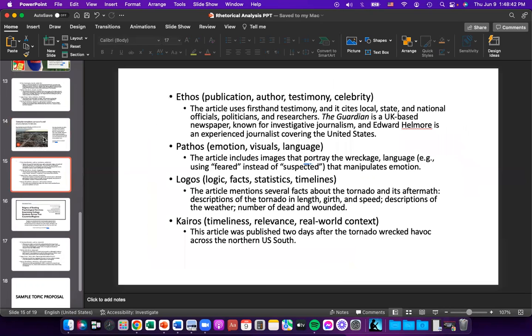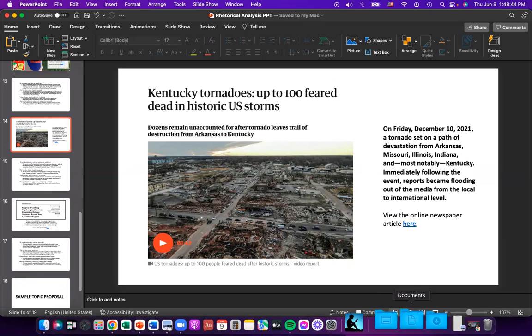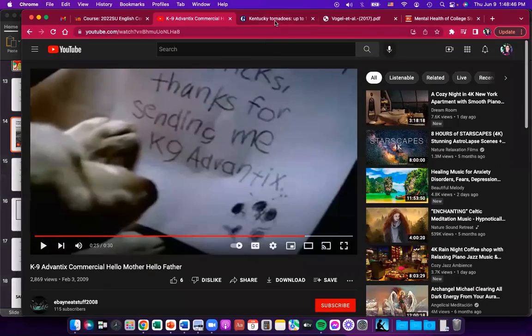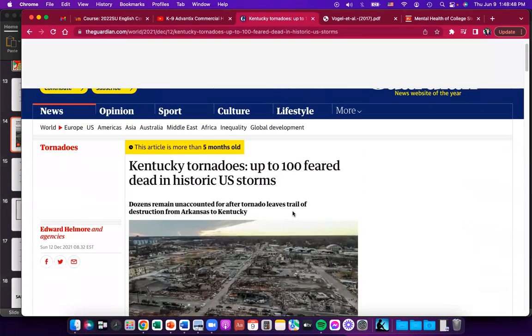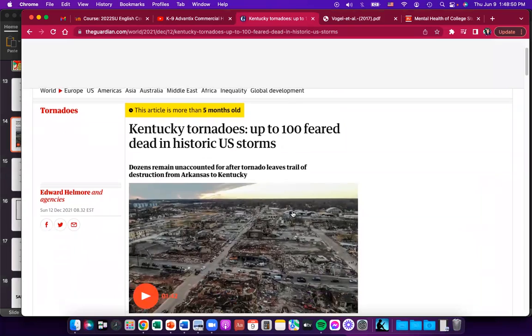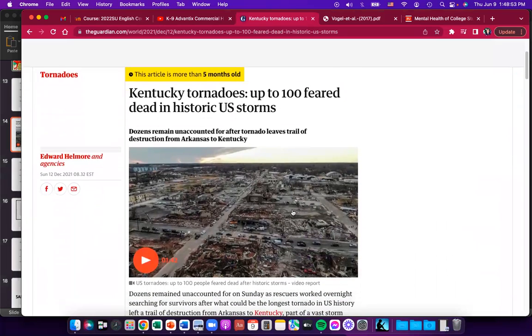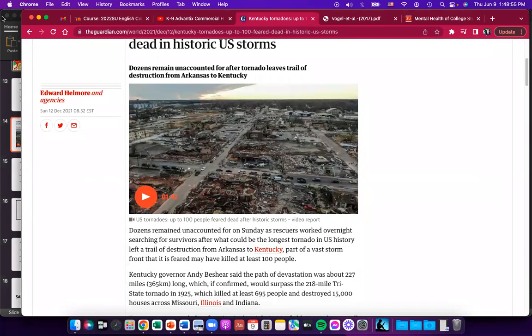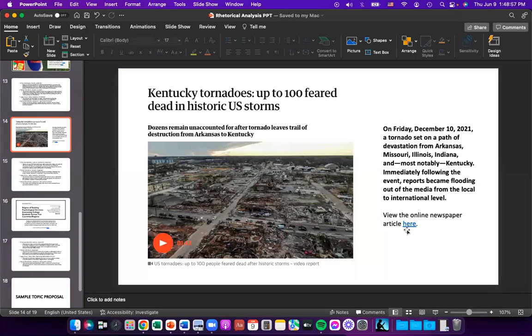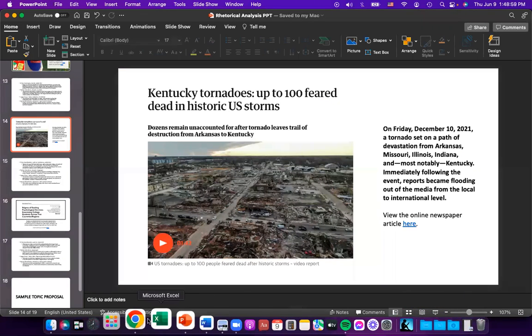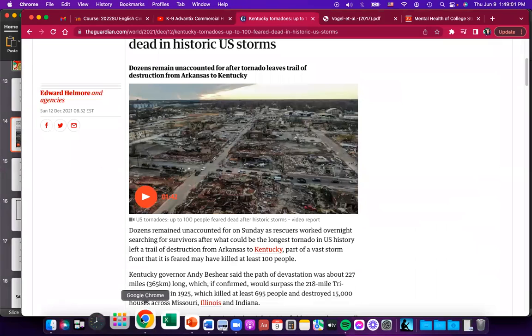We are going to look at the newspaper article from The Guardian. Kentucky tornadoes, up to 100 feared dead in the historic U.S. storms. You have the link on this PowerPoint that you can click, by the way. So that way you can follow along at your own pace.